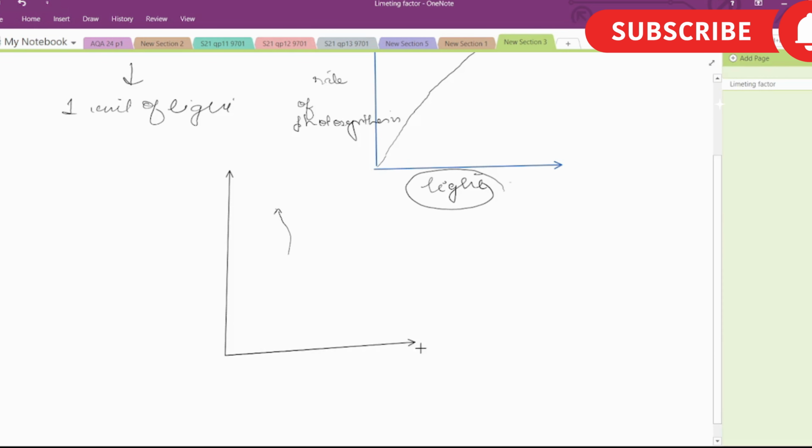Because of transpiration. Think again. It's temperature. So the graph would be first it increases and then it decreases.